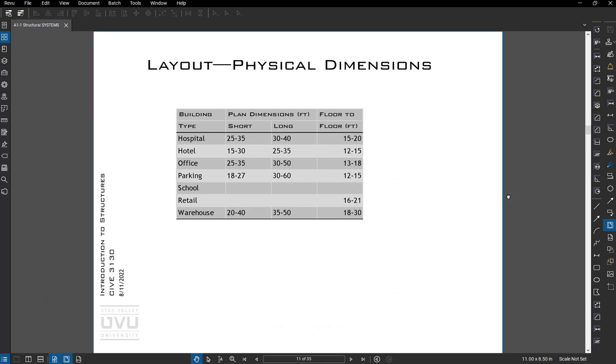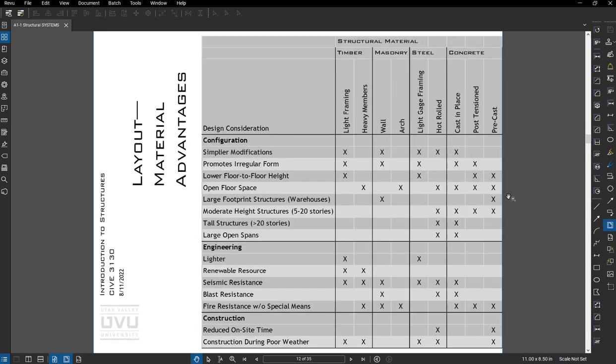Okay, in this slide I've given you some common physical dimensions for different types of buildings. These are just a guide. There's nothing set in stone with these, but it gives you a feel for how things play out in the world. And then this table gives you some insight into different advantages or design considerations and what types of material and systems tend to work best with those.